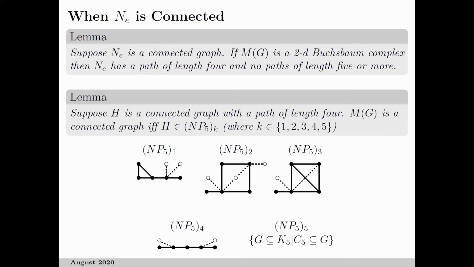All such graphs must fall in one of these families, where we use dotted lines to indicate edges which we can add to stay in our family. So, putting these together, we describe what the link of every vertex in our simplicial complex must look like to be both a matching complex and a 2D Buchsbaum complex by looking at the matching complexes of these families.